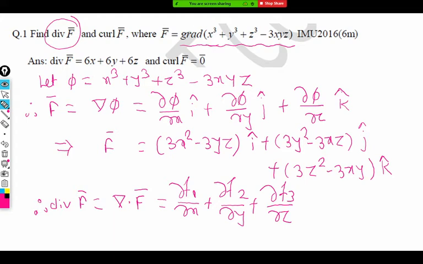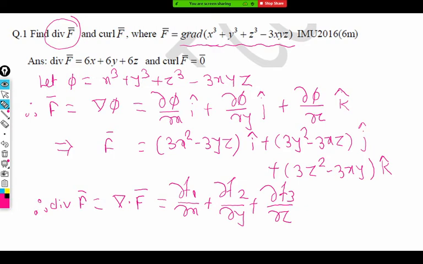So remember, del dot f bar is a dot product, so it is a scalar quantity, while in del phi, del is a vector and phi is a scalar, so del phi is a vector quantity. Del phi and del dot f bar are different things, don't confuse them.